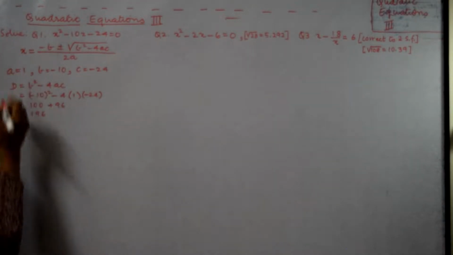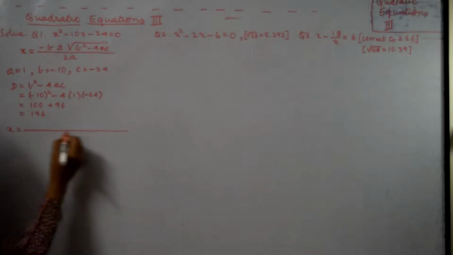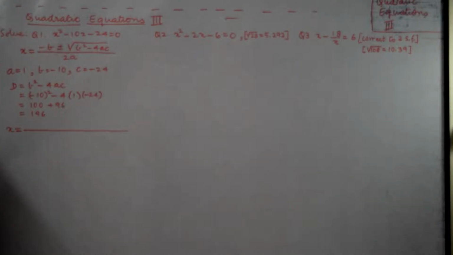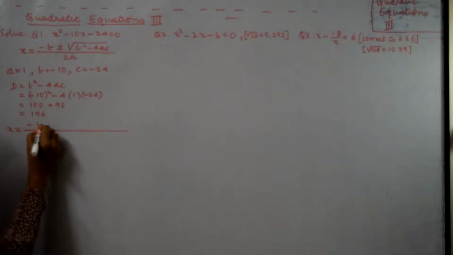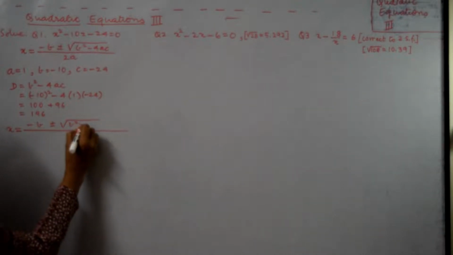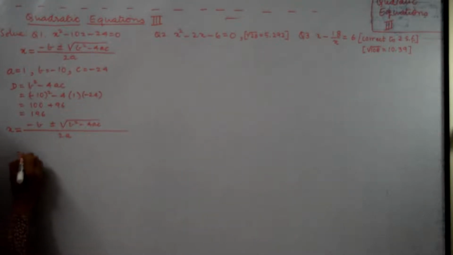Now we rewrite this formula, x is equal to. Make sure that your numerator denominator line is in line with the equal to sign so that there is clarity in your presentation. We write the formula minus b plus or minus root of b squared minus 4ac upon 2a. So that is going to give us the values.